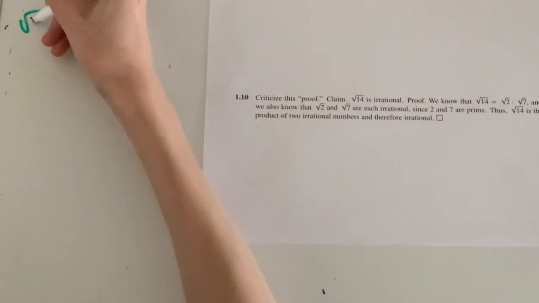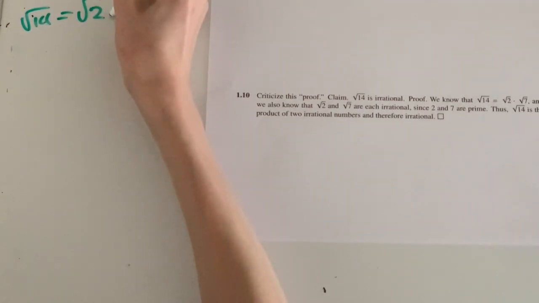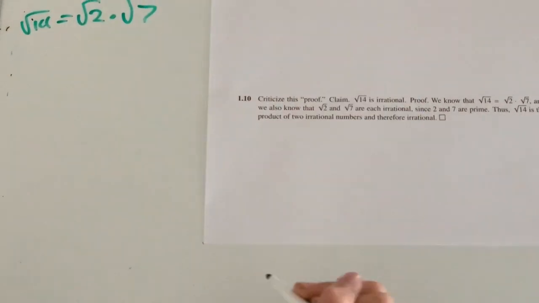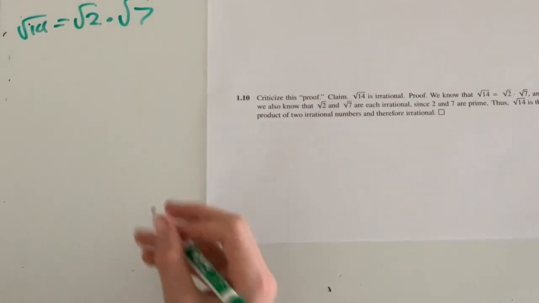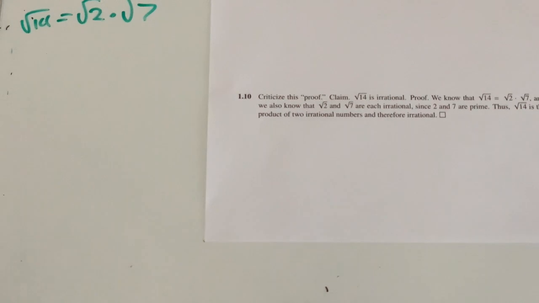I say that the square root of 14 is the square root of 2 times the square root of 7. That is true. We also know that the square root of 2 and the square root of 7 are each irrational because 2 and 7 are prime.